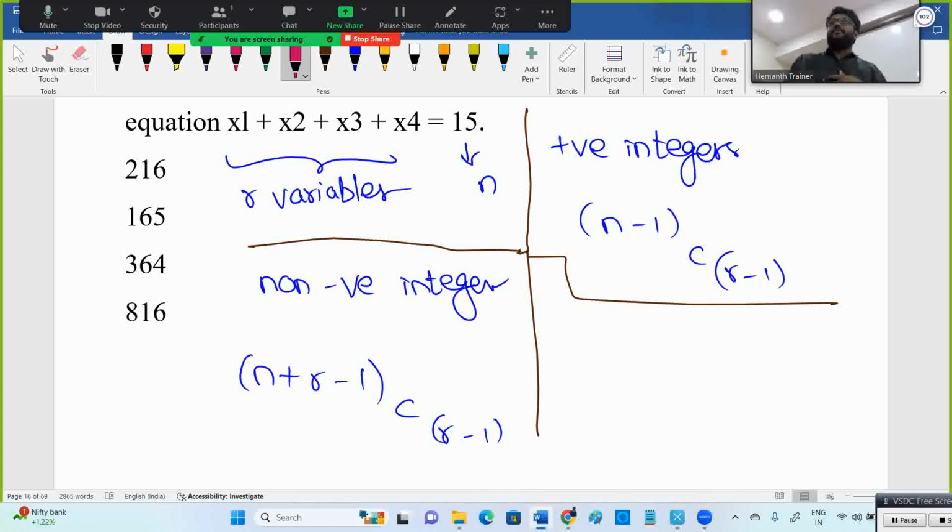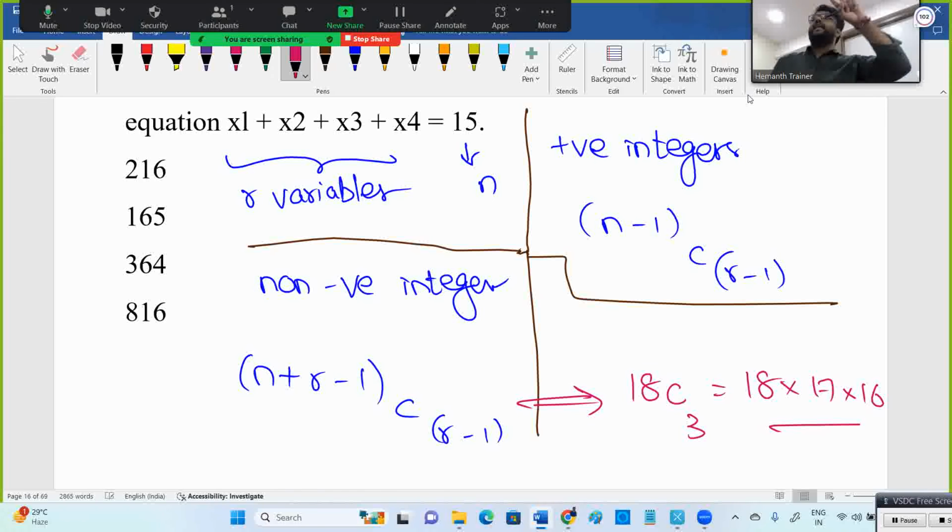Now for this question, what is the answer? Non-negative only they are asking. Non-negative means 15 plus 4, 19 minus 1, 18 C3. Listen, don't worry. 18 C3, how to calculate: write 3 terms in numerator, 18, 17, 16. Divide by 3 factorial.